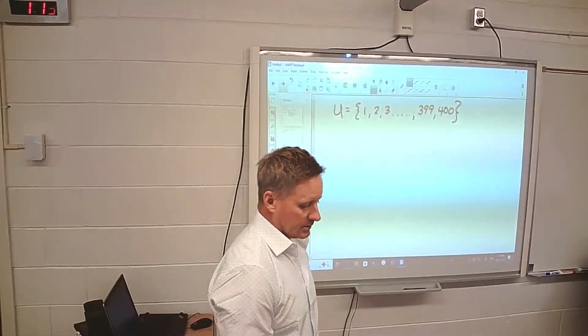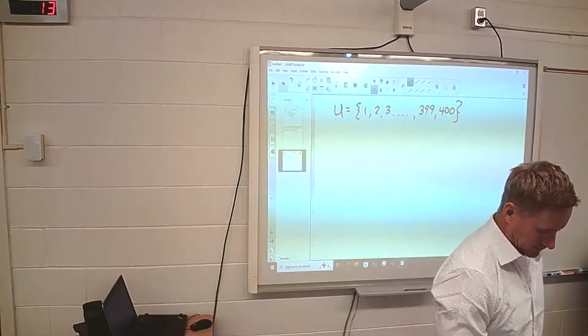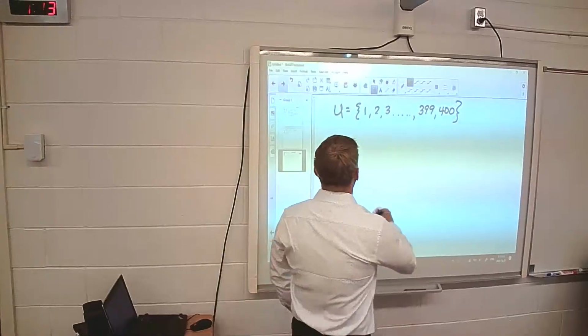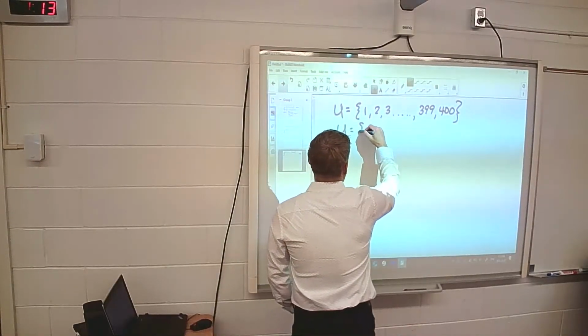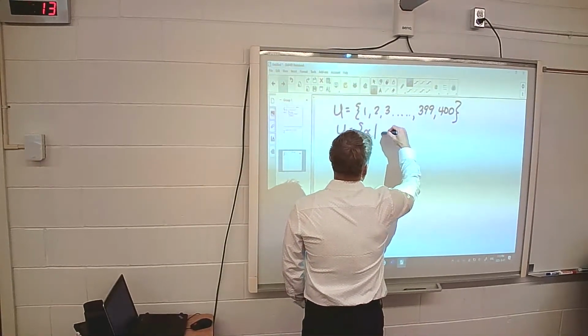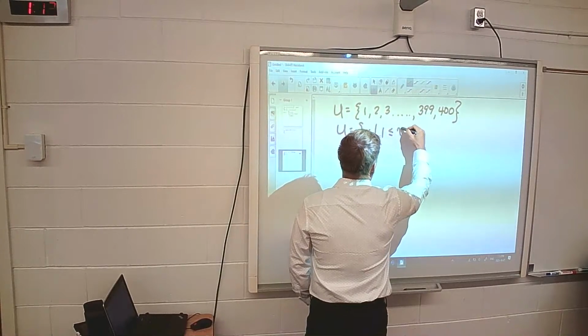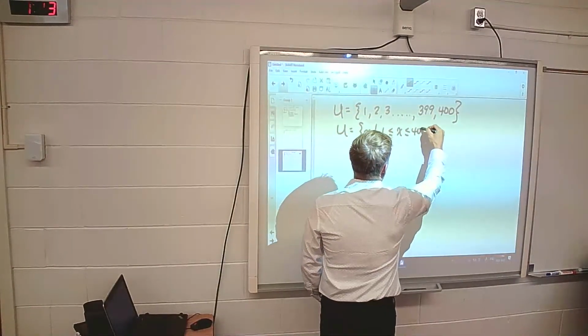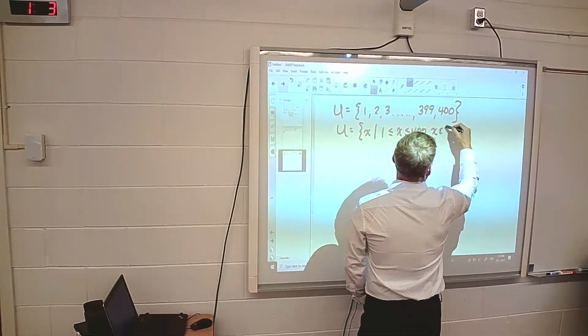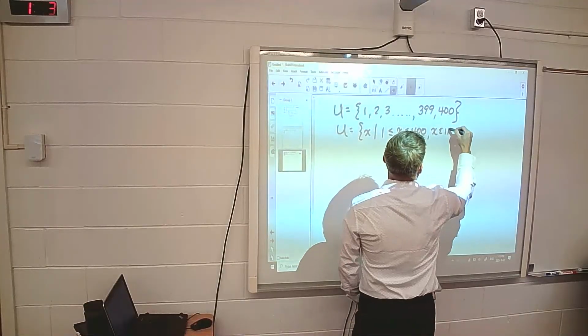That's what that shows. I could write it like this: x such that 1 is less than or equal to x is less than or equal to 400, where x is an element of all integers.